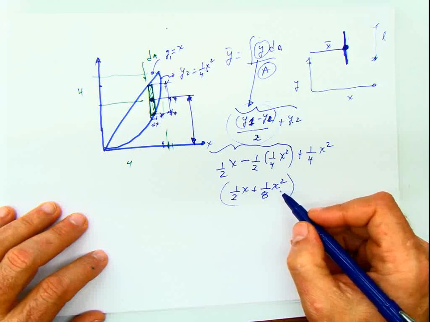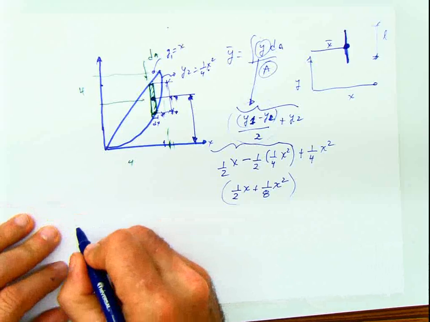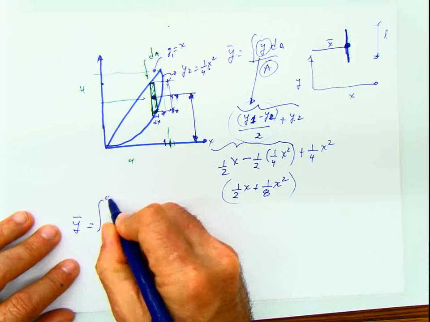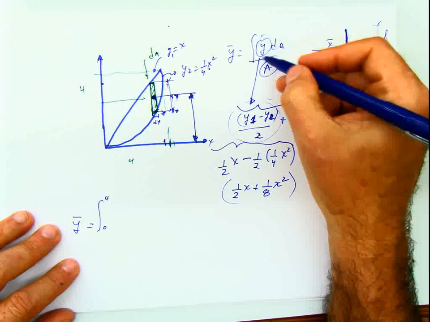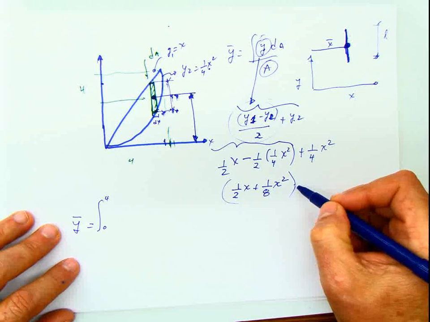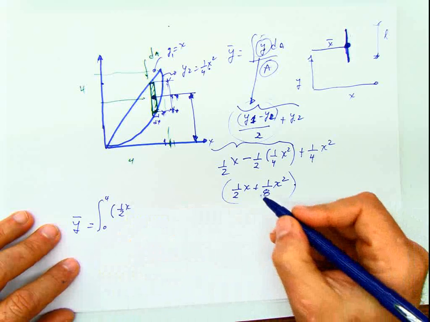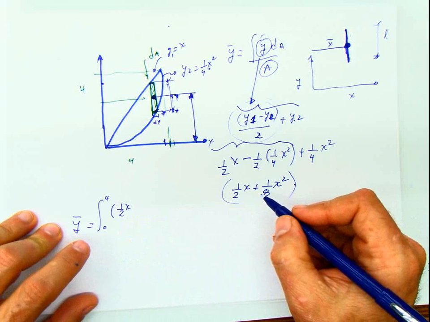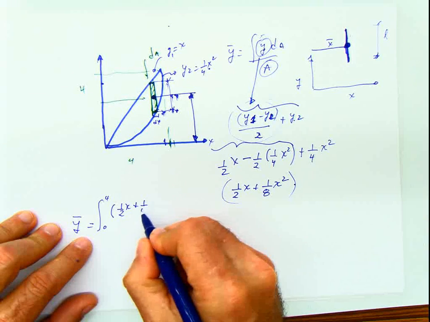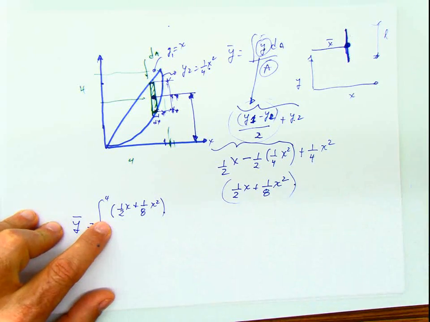Once I have this, we have the differential of area that we calculated before, and then our y bar is equal to the integral from 0 to 4 of this value, but this value is not y anymore. It's this: 1/2 x plus 1/8 x squared, and that's multiplied by my differential of area.